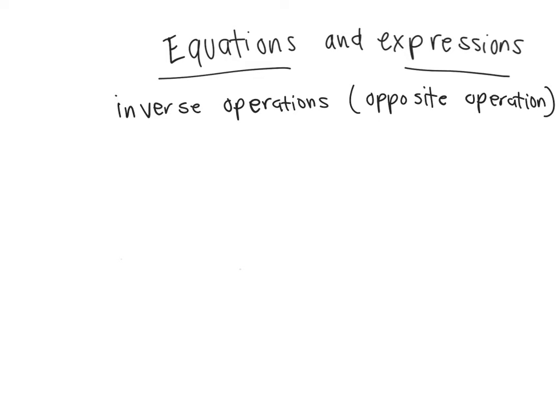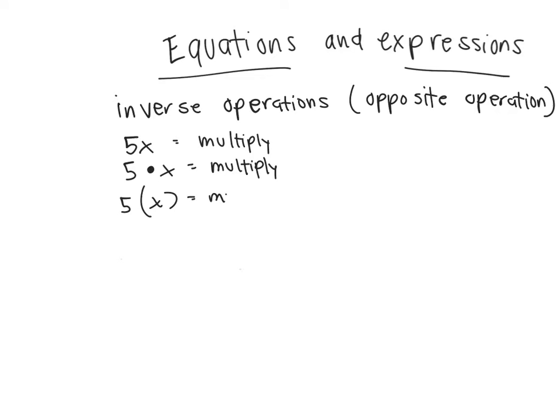And then we just had our symbols here. Now remember, if the letter touches the number, that means multiply. If there's a dot, like 5 times x, that also means multiply. If it says 5 parentheses x, that means multiply.